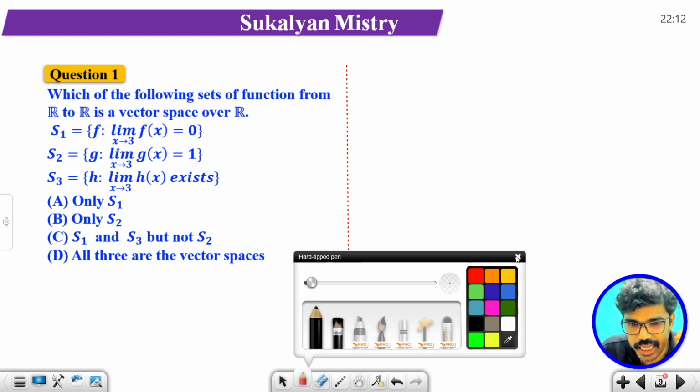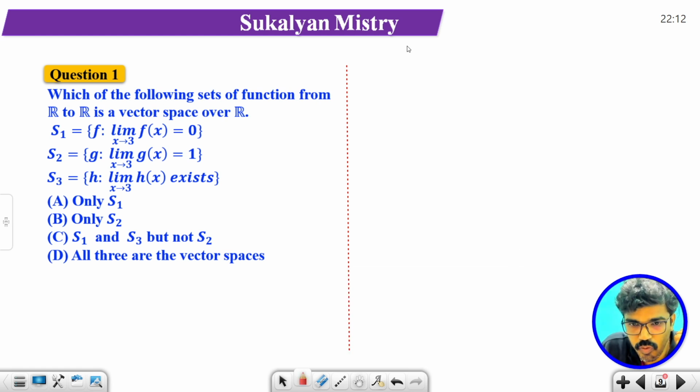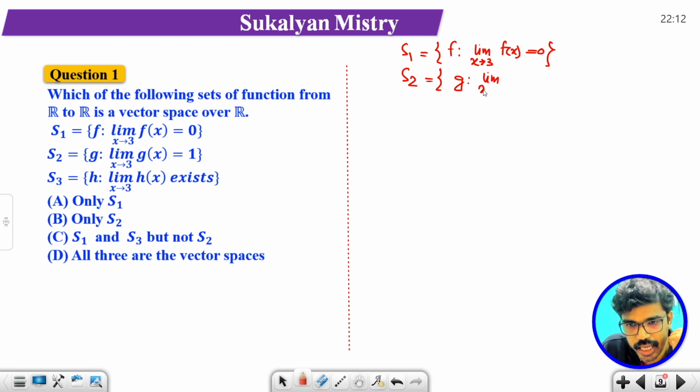First condition is that S1 is equal to, just see, S1 is equal to f, where f is a function such that limit x tending to 3, f(x) is equal to 0. This is the first set. And S2, that is g, such that limit x tending to 3, g(x) is equal to 1.